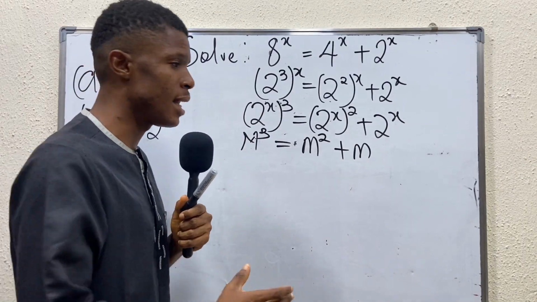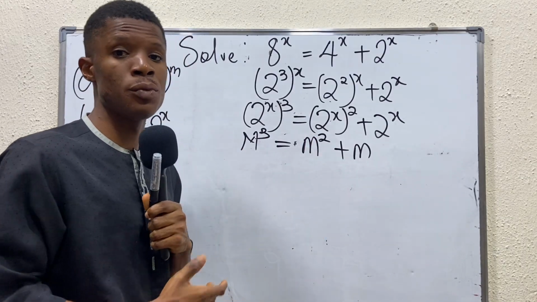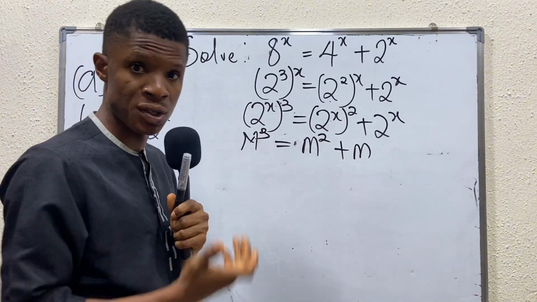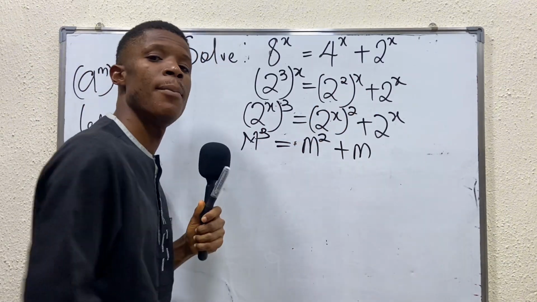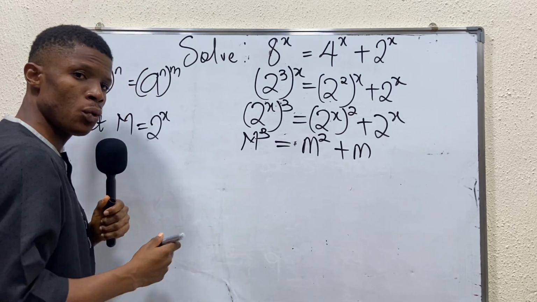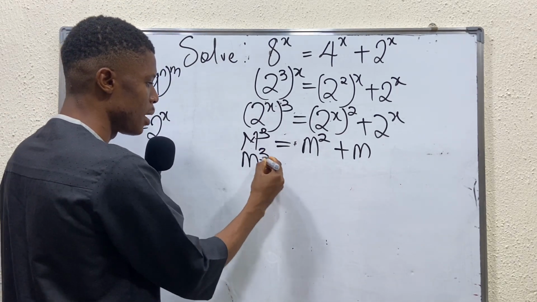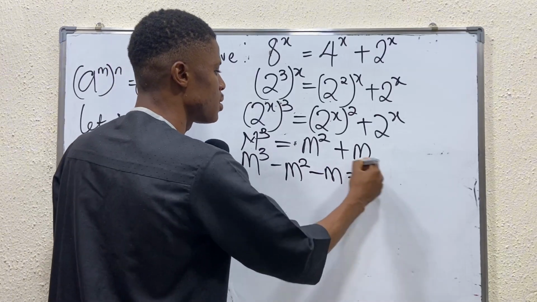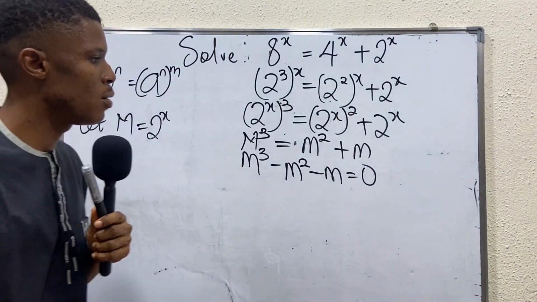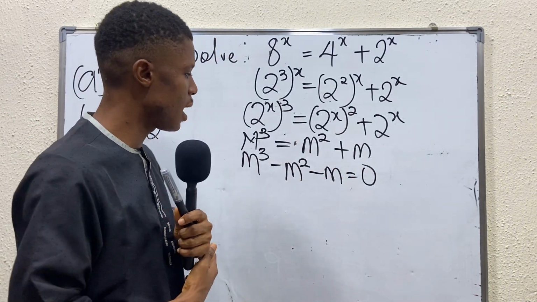So we can collect like terms to make it equal to 0, and to do that, we subtract m squared and subtract m. So if you do that, what do we get? m cubed minus m squared minus m gives us 0. We bring everything to the left-hand side.